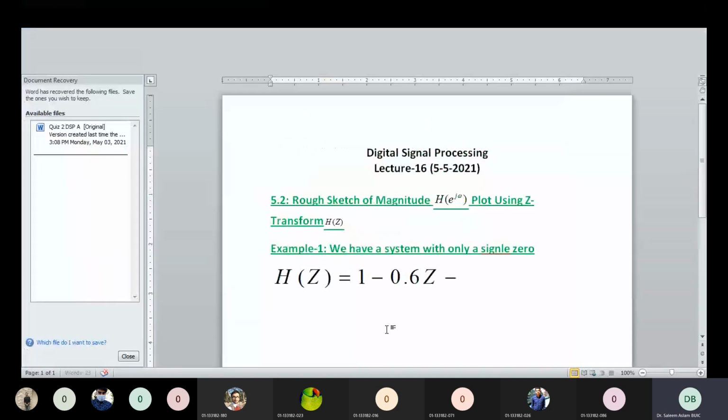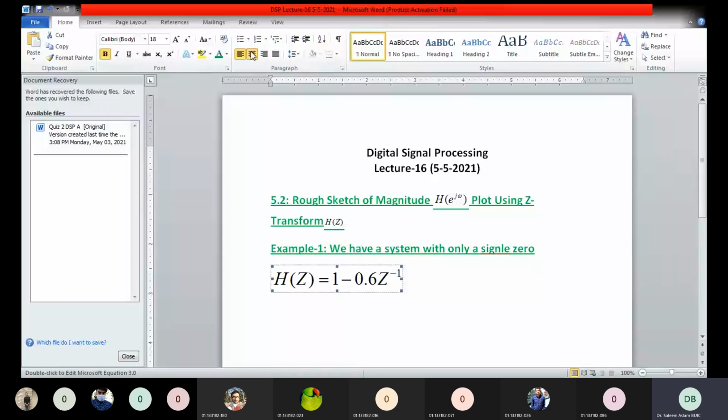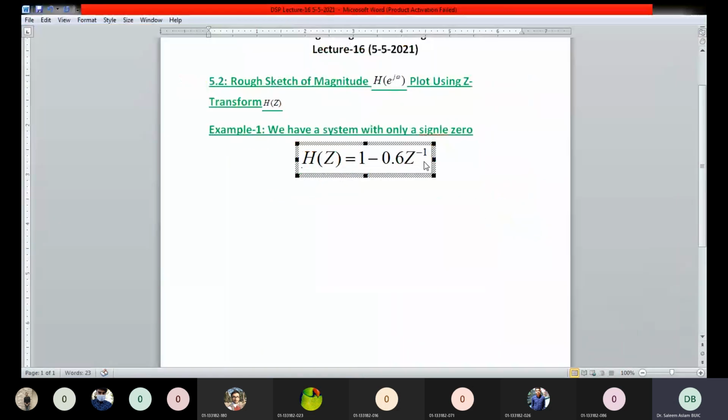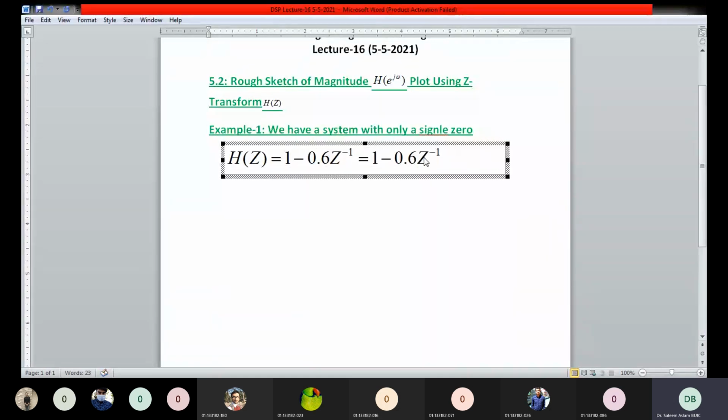If I want to plot the pole zero plot of this system, I can write it as 1 minus 0.6 over z.